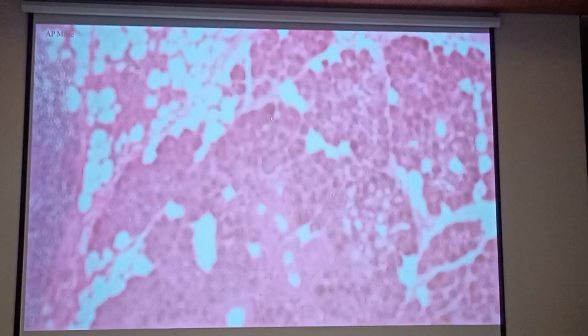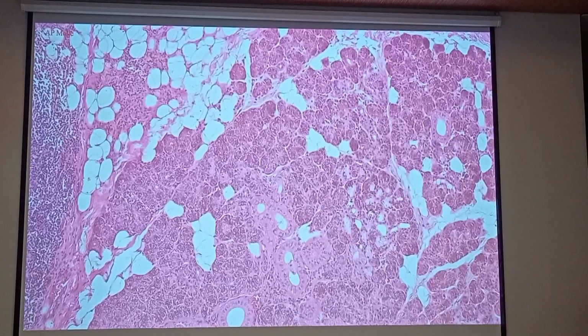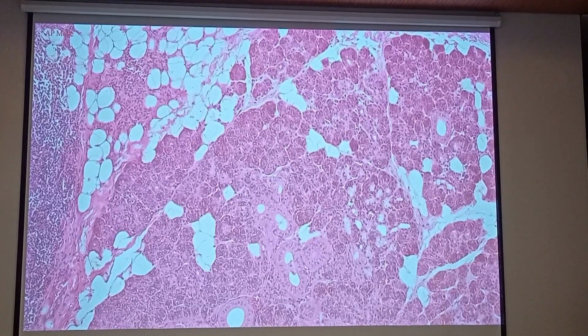I can see some acini. Yeah, parotid gland. Very good. Why do you say parotid and not sublingual? Because the glands' acini are purely serous, so you don't have the mucoid type. These are your ducts right here. Now, this is the secretory portion. This is the ductal portion of the gland.